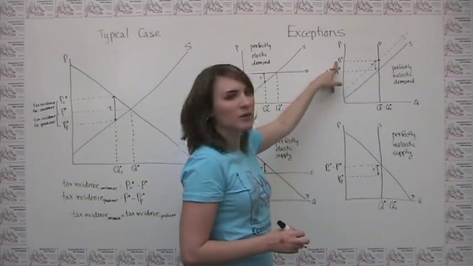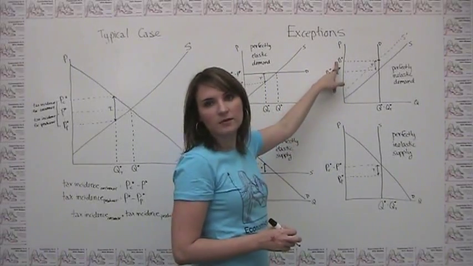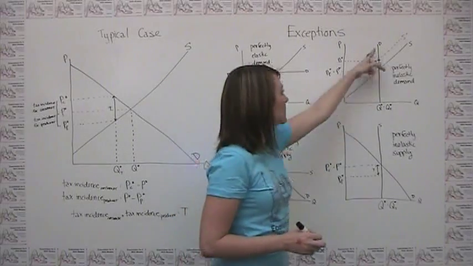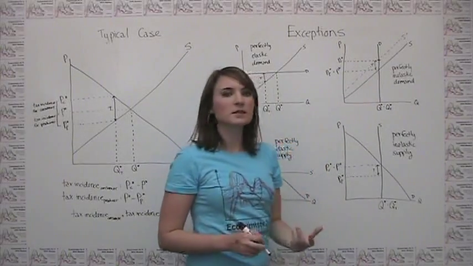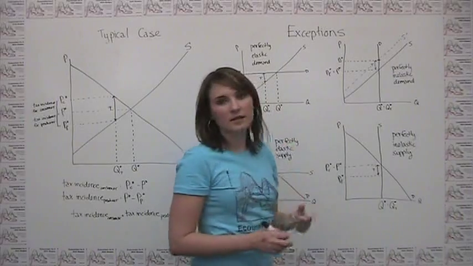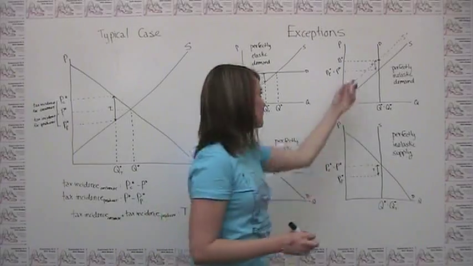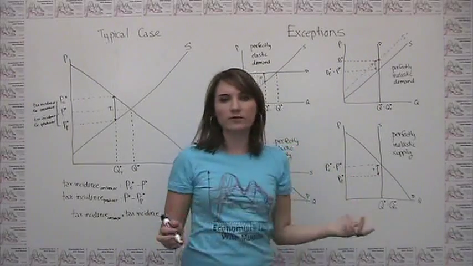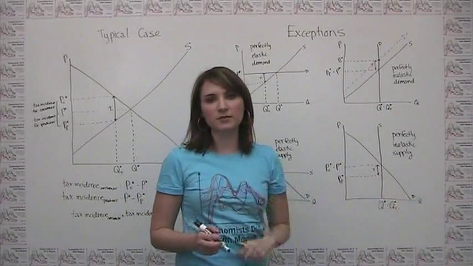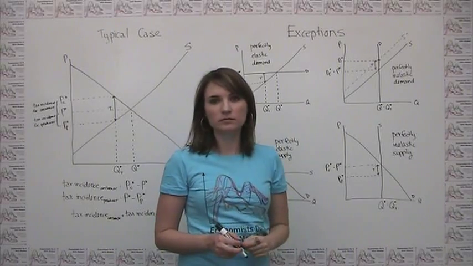And the consumer here is eating the entire amount of the tax. So you can think about when there's perfectly inelastic demand, the entire amount of the tax is getting pushed onto the consumer. Well, this makes intuitive sense, because if the consumer was willing to pay any price for your item, why not just shift the entire tax onto the consumer?